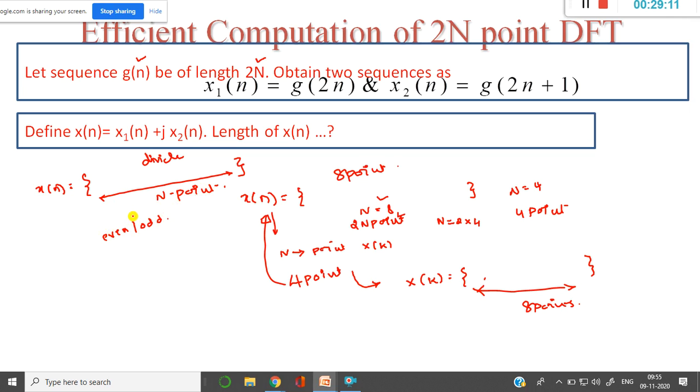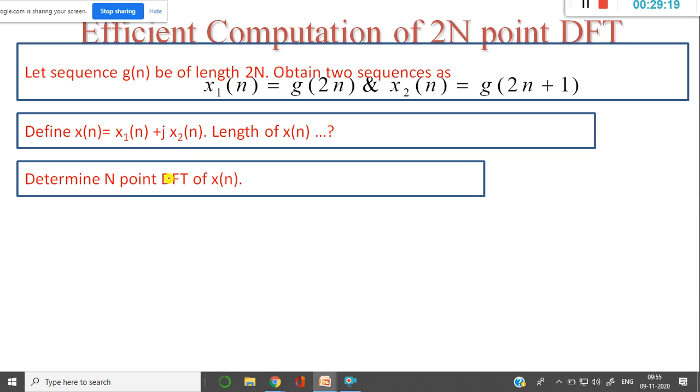This technique we once again apply to calculate a 2N-point sequence using N-point sequences. Okay. Let us see. We need to combine.